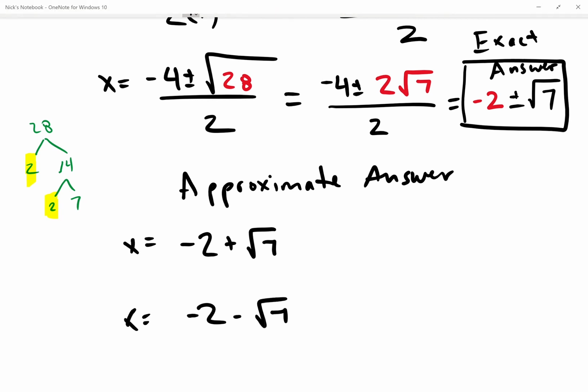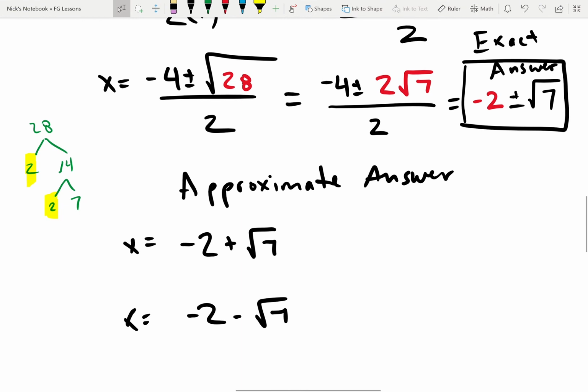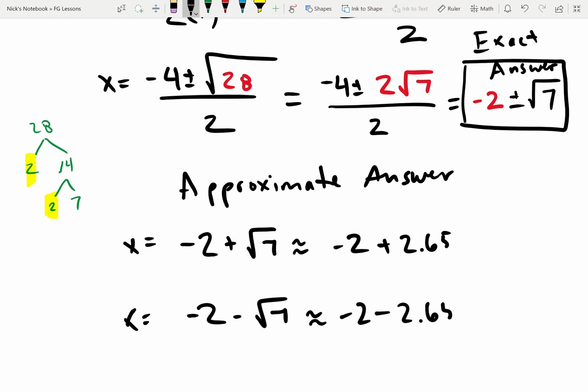Now I don't have a calculator right next to me, so let's do some searching here. I'm going to find what the square root of 7 is. The square root of 7 is about 2.65. So we have negative 2 plus 2.65, and negative 2 minus 2.65.